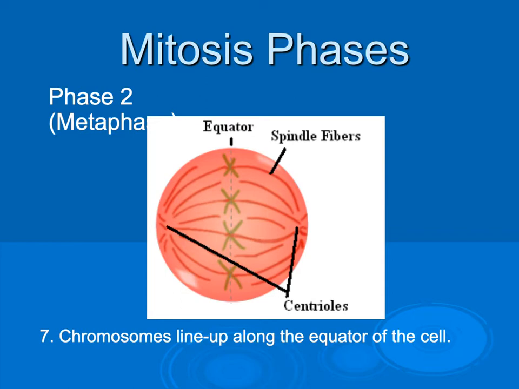And the main feature of metaphase that you'll need to memorize or remember is that the chromosomes line up down the middle here. And you can see that the middle of the cell is called the equator. You probably know that the middle of the earth is also called the equator, so that would be easy to remember. Now on the ends here, these are called centrioles. You don't really need to memorize that, but on the ends of the cell are the centrioles.